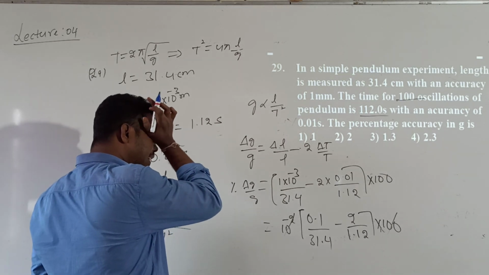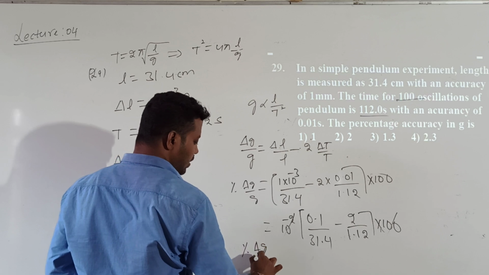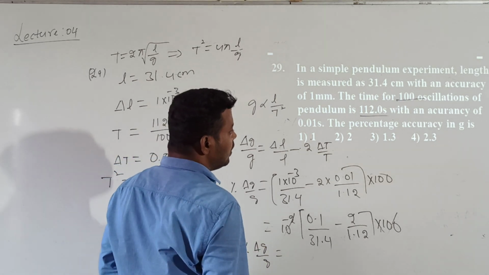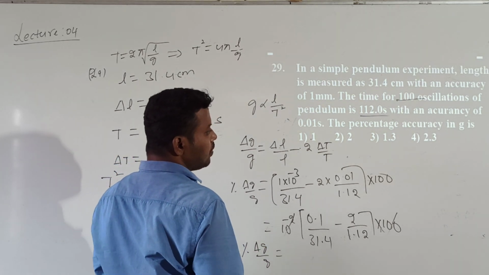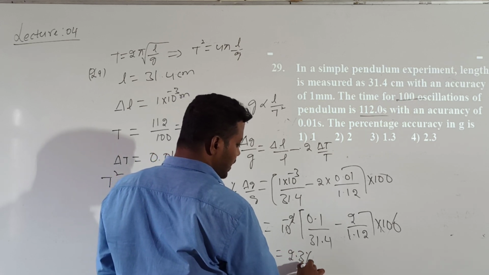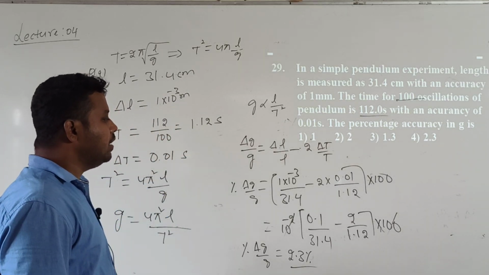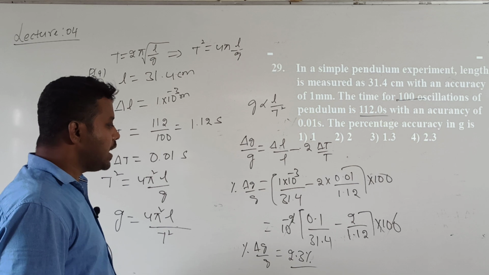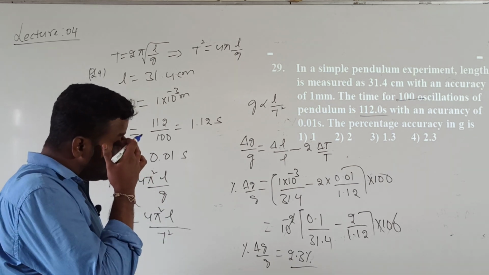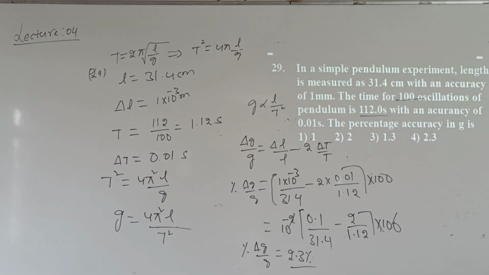So the percentage of delta g by g, if you simplify, comes to 2.3 percentage. This is question number 29.